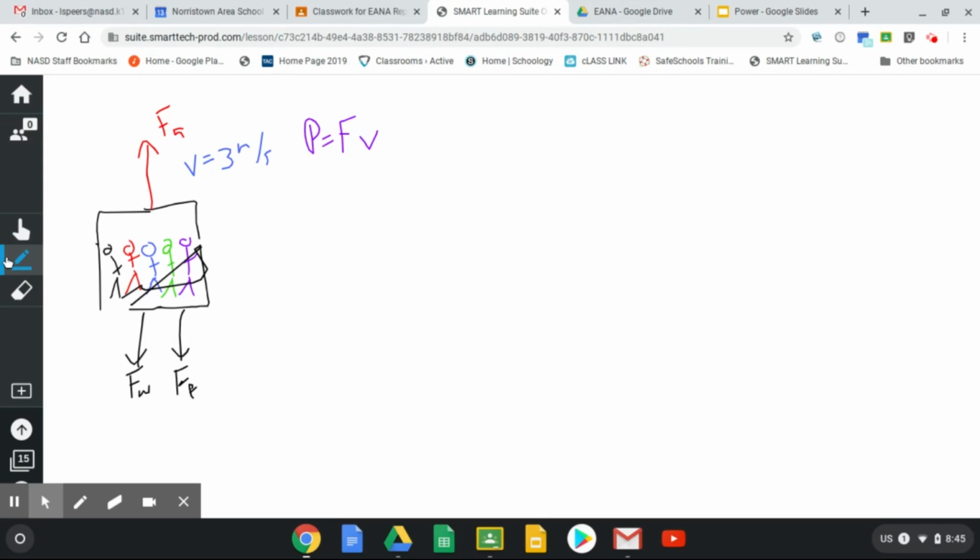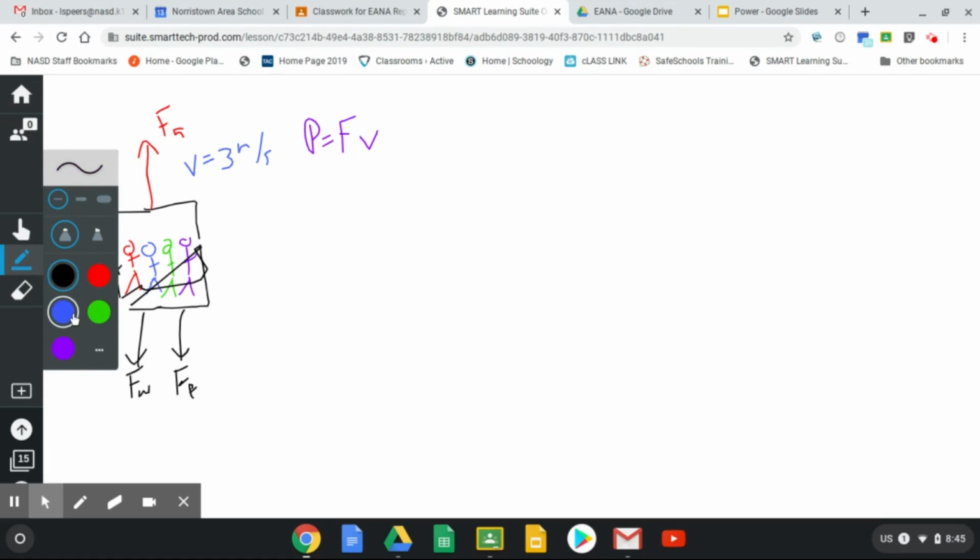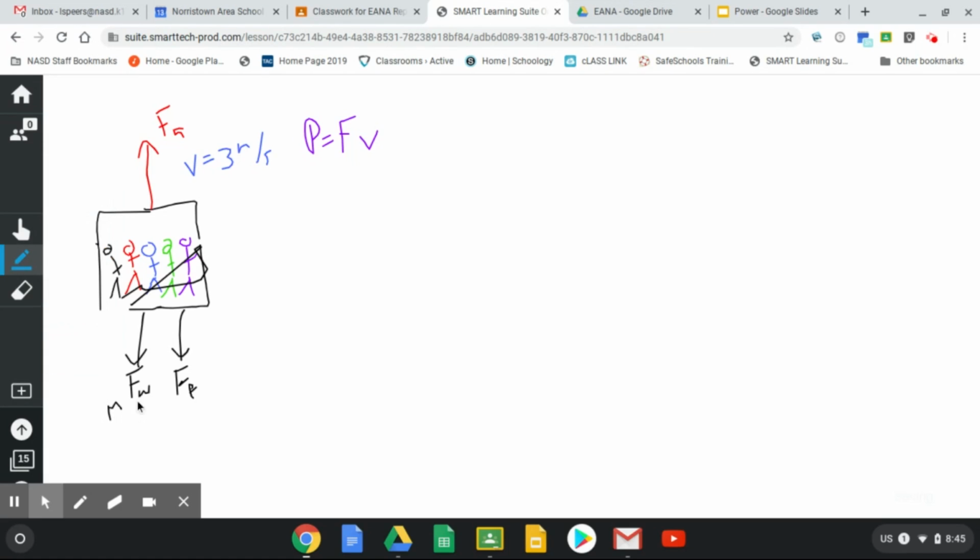The weight force we know was mg, so that's 1800 times 9.81, and this resisting force was 4,000 newtons.